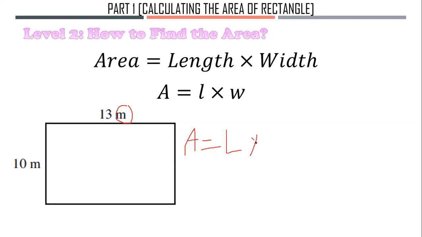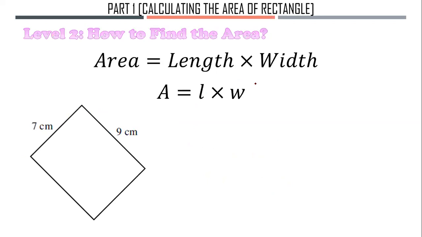You write length by width, then you do the calculation. So it's actually 130. But what's the unit, Layan? It's meter. Meter or meter squared? Oh, meter squared. Thank you very much, because this is an area. Remember, the area is in meter squared. The perimeter is in meter. So this one is in meter squared. Let's move to the next question.